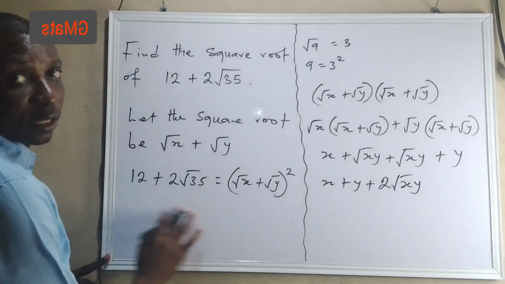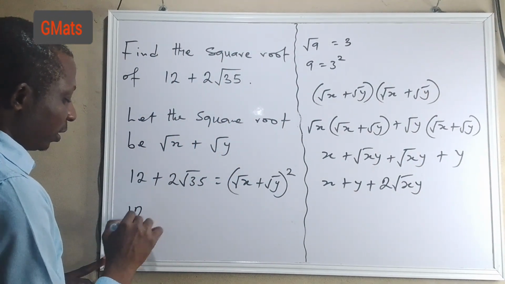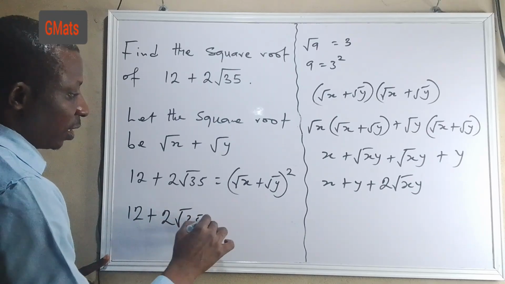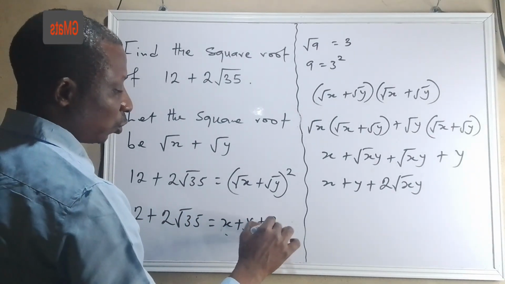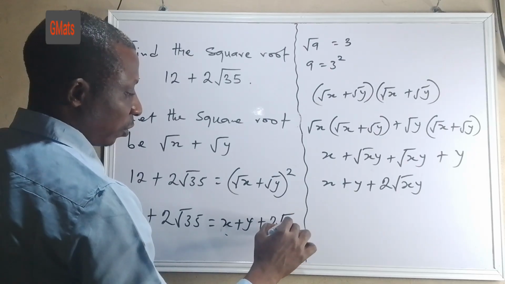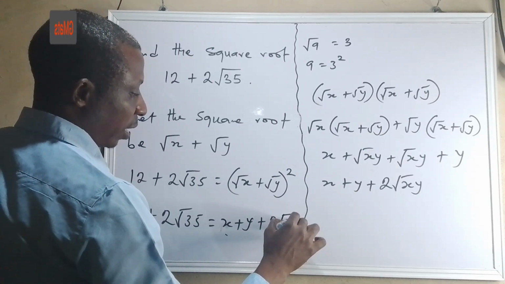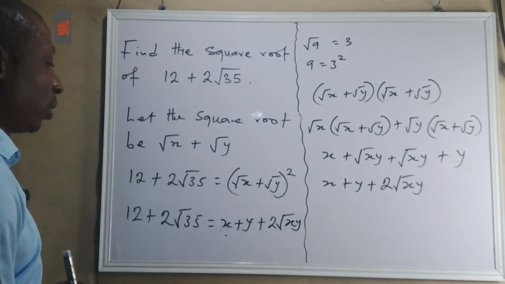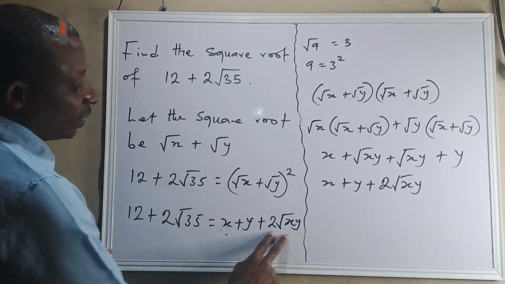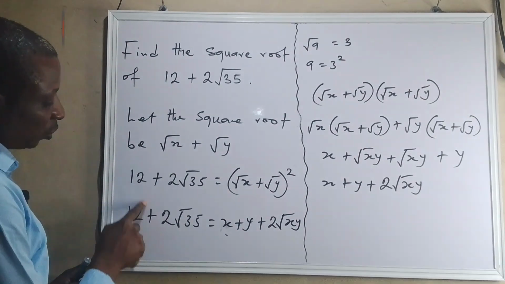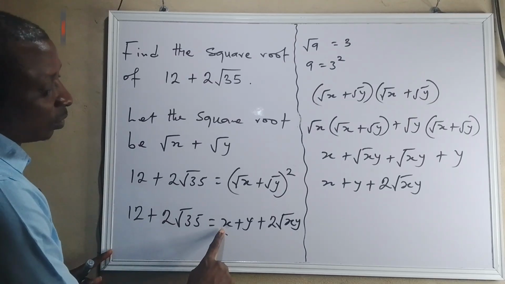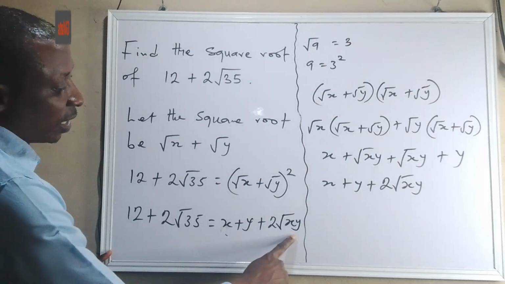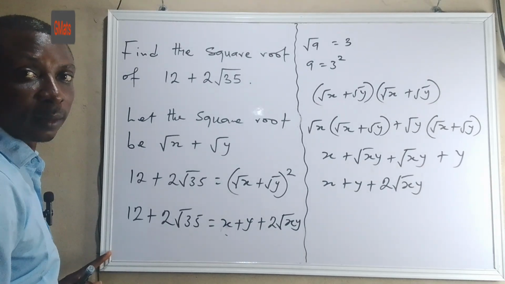All right, so now let's come here. That means this is 12 plus 2 square root of 35 equals x plus y plus 2 square root of xy. Now when you compare this and this, you observe that 12 is similar to x plus y, while 35 is similar to xy.